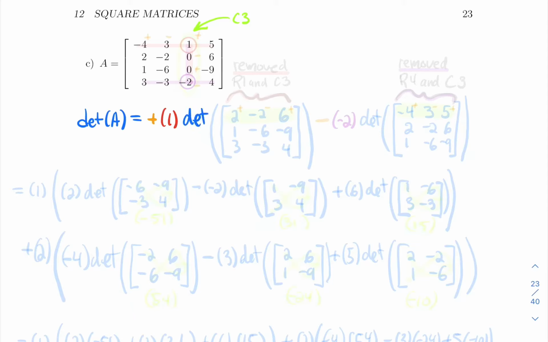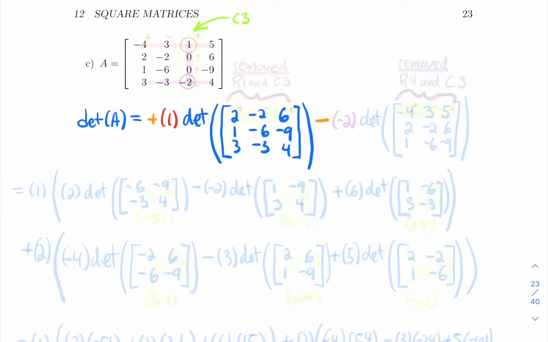So the submatrix for 1, I use red here to remove row 1 and column 3. So the submatrix is going to be 2, minus 2, 6, 1, minus 6, minus 9, and 3, minus 3, 4. And then you're skipping over the zeros. You're going to get a minus, because minus 2 is at a minus position.